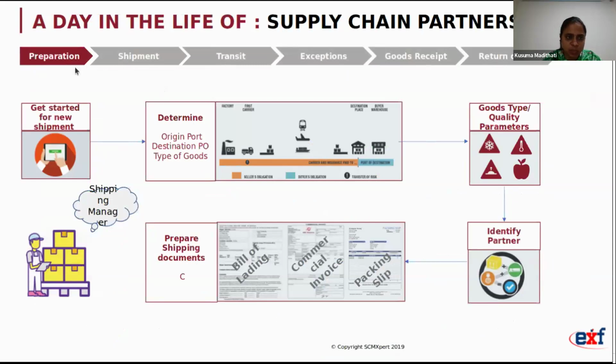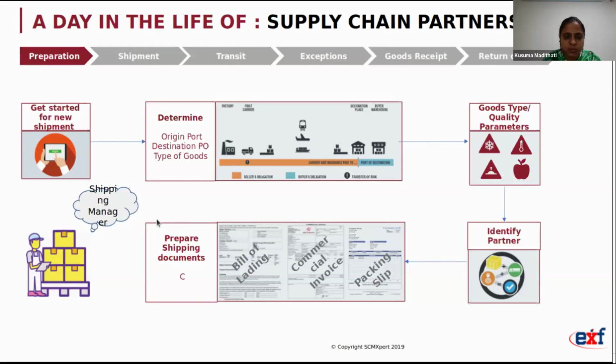In the first phase, the preparation phase, we will prepare the shipment. What is the end product that we want to ship with the help of this application? For that we need to find out what logistics we have to use, and what quality parameters we will set. Let's say for one shipment we will maintain 20 to 30 degrees temperature within the container.